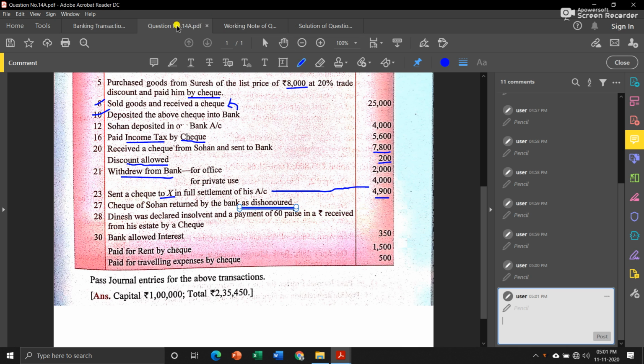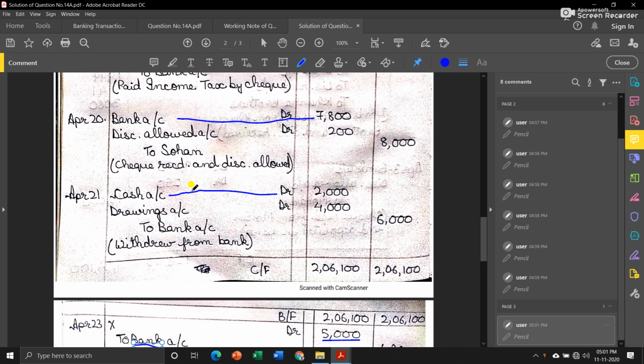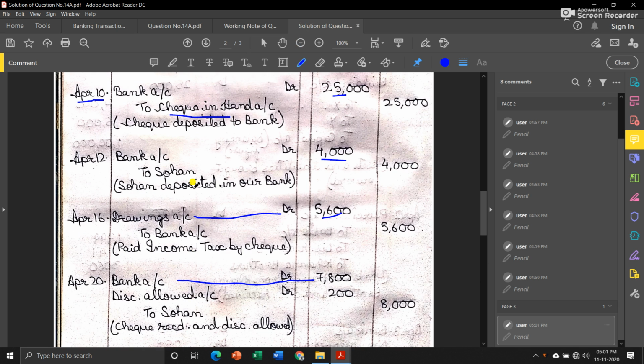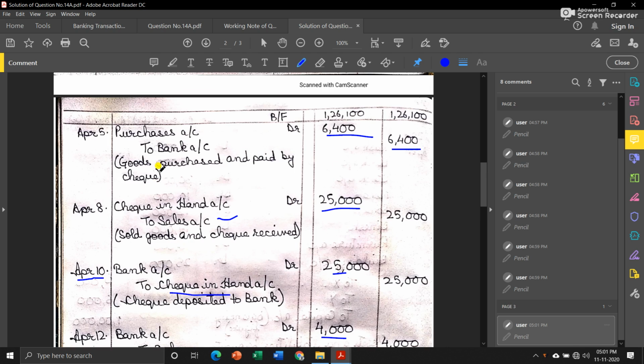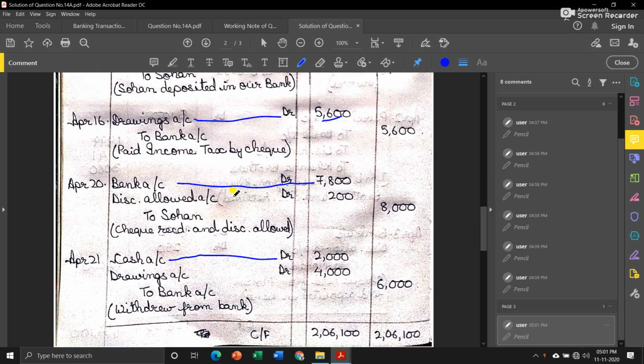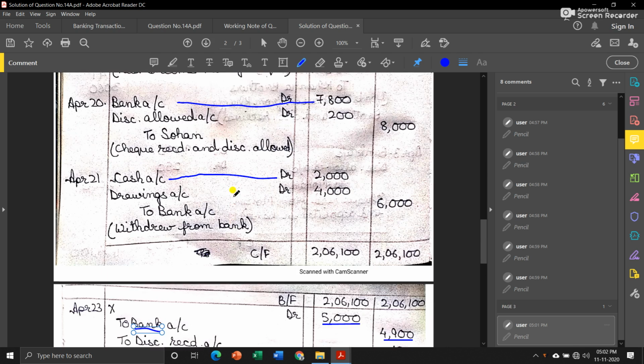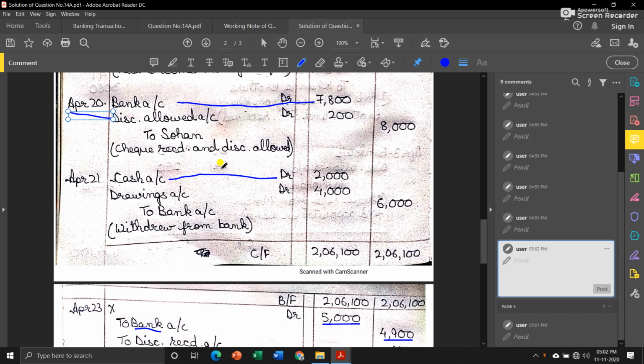So when we look into the previous transactions, we will see that on April 20, we received that check and we deposited it on that date. So on dishonoring, what we'll do is that we will simply reverse this transaction.